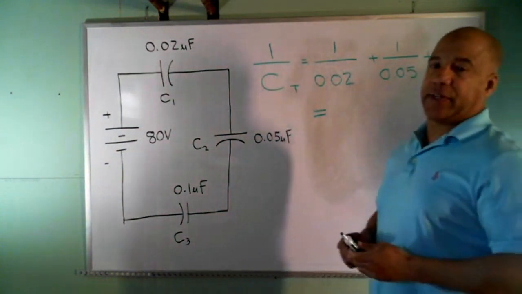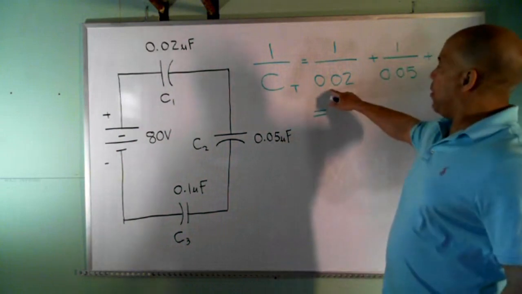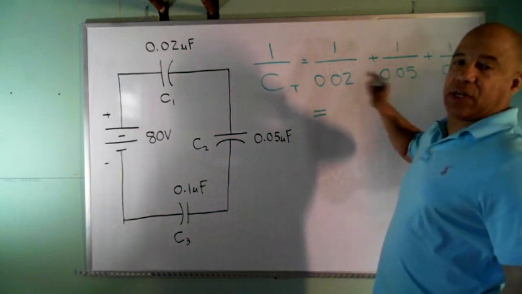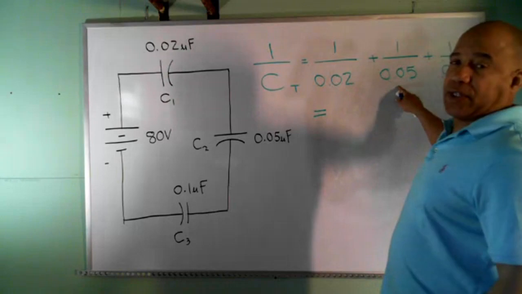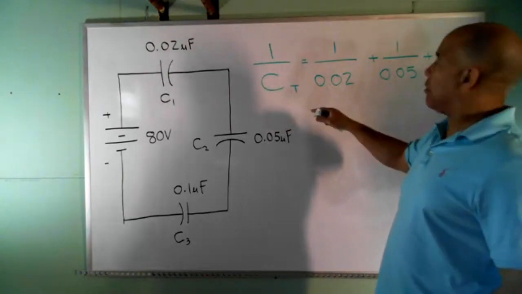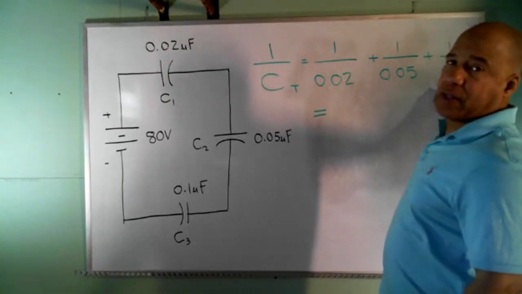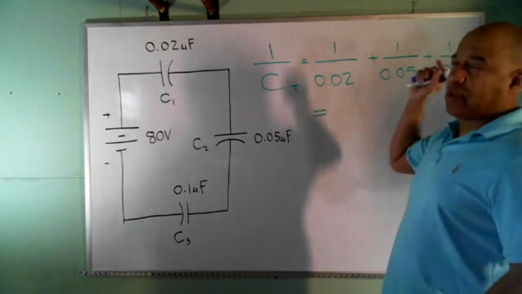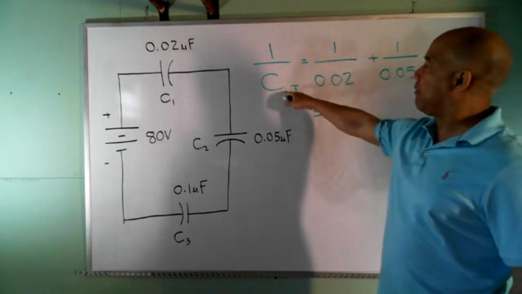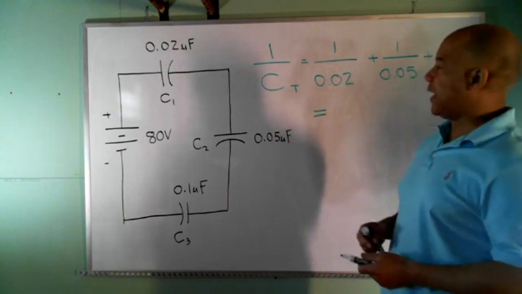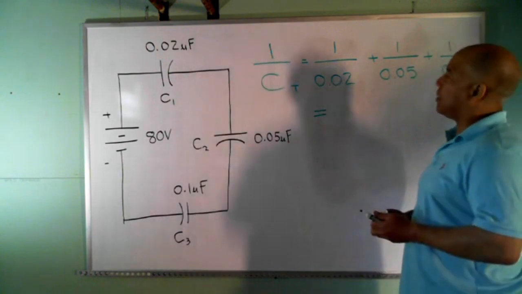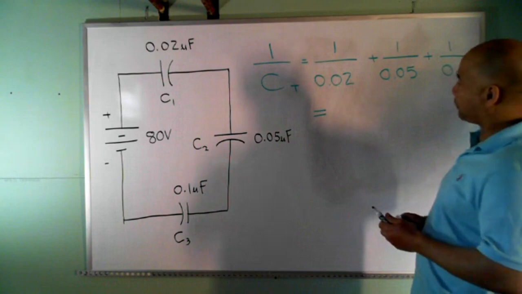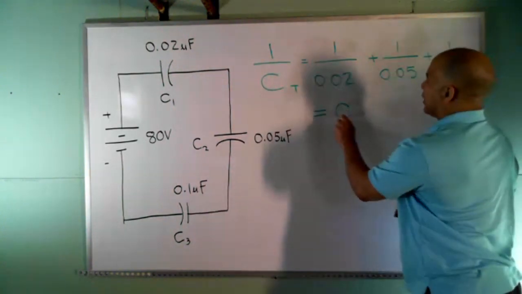Okay, so calculate CT for me. 0.02, hit your reciprocal key, plus 0.05, hit your reciprocal key, plus 0.1, hit your reciprocal key, hit the equal sign, and then hit the reciprocal key one last time to solve for this ratio, and you should get a decimal answer. Does anybody have an answer for me? And I know it's 0 point something. 0.0125.